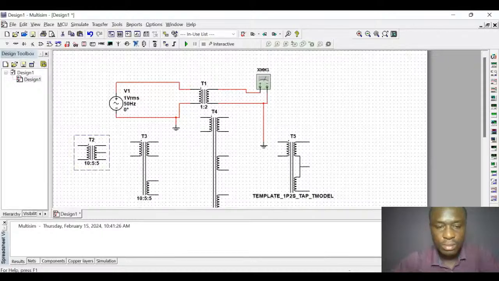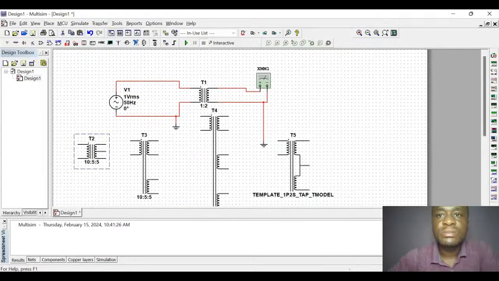Is the screen sharing? I think it's turning blank. Okay, it's up now. Can you see?